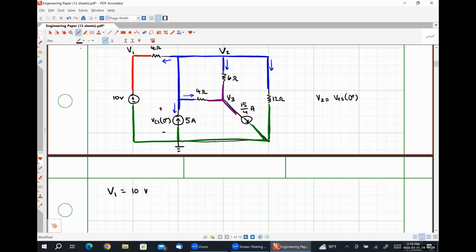The current flowing to the left through the top left 4 ohm resistor is going to look like V2 minus V1 over 4 ohms. The current flowing down through the current source is negative 5 amps. The current flowing to the right through the central 4 ohm resistor is going to be V2 minus V3 over 4 ohms.